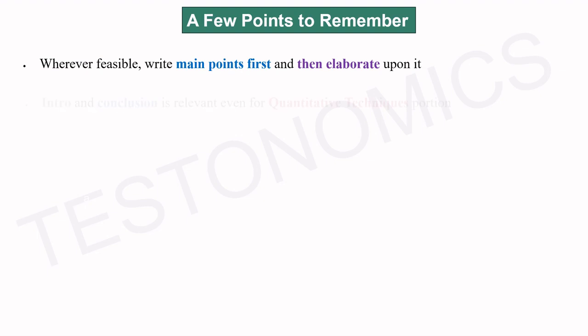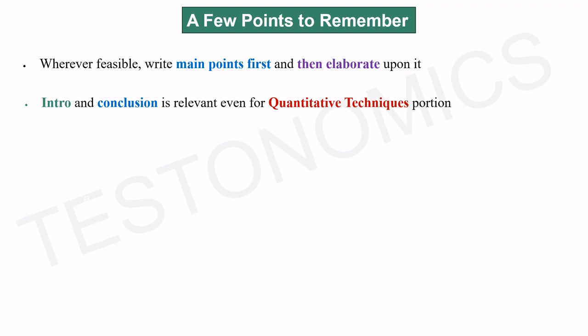Okay. Next, like I mentioned, intro and conclusion is relevant even for a quantitative techniques portion, right? So if you have a question from there, at least I would prefer to give a brief introduction. A brief introduction need not be even 2 sentences. Even if it is just a single small sentence, I think it is going to serve a purpose.